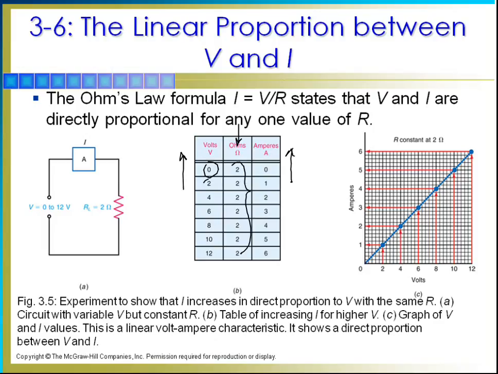So if you increase 2 volts because your resistance is 2 ohms, your current is only going up 1 amp. Go up 4 volts, your current's going to go up another amp, etc. You're always going to be scaled by the 2 ohms. But still, you're going up on a straight curve.